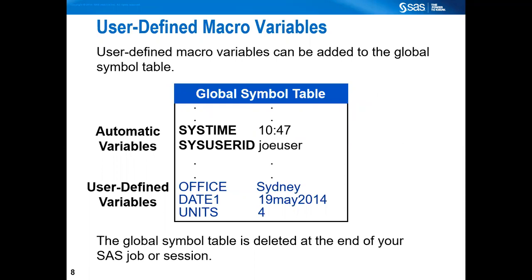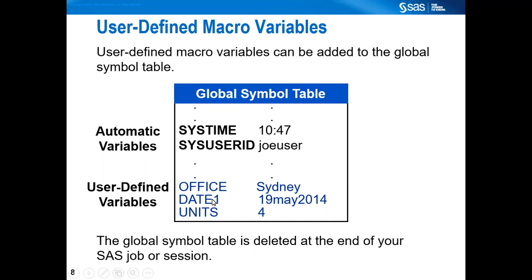Apart from automatic macro variables, in your global symbol table the analyst can also create their own user-defined macro variables, and they are also saved into the global symbol table.